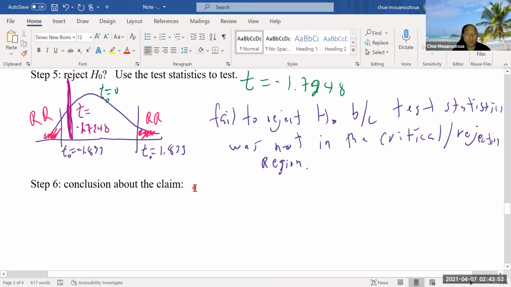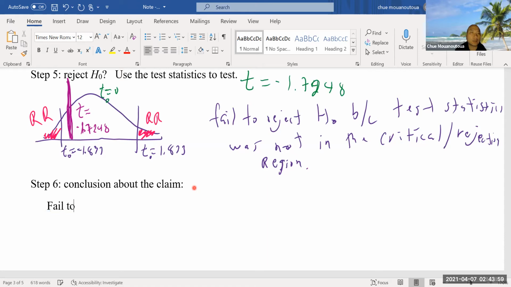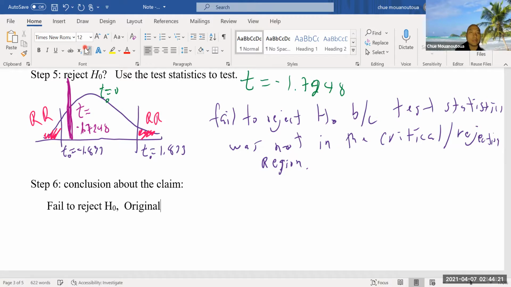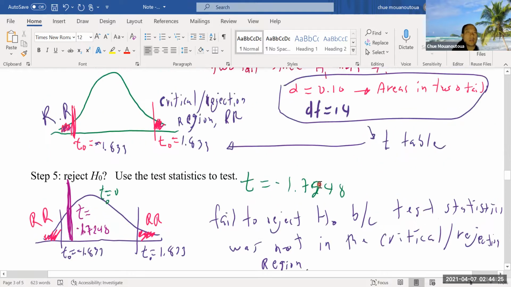Okay, now the conclusion. Based on failing to reject H0, we also look at the original claim to see if it contains equality or not. So we go back to the claim.